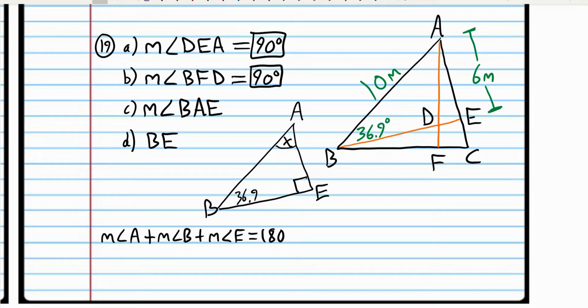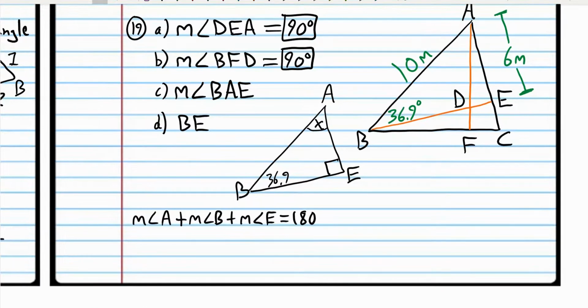Let's see here, B, A, and E. Measure of angle A we don't know. I'm not going to call it X, I'm just going to leave it as measure of angle A. Measure of angle B is 36.9. Measure of angle E is 90.